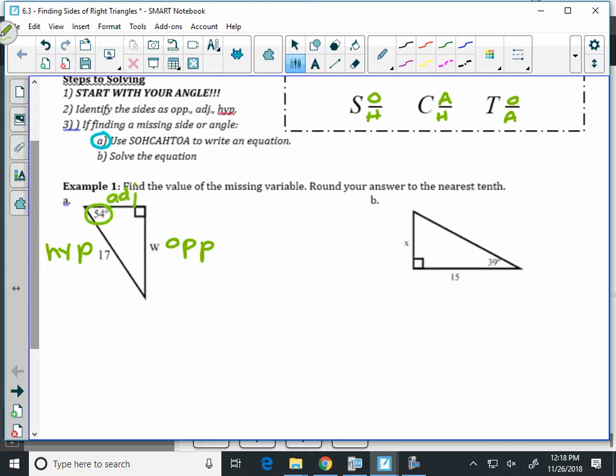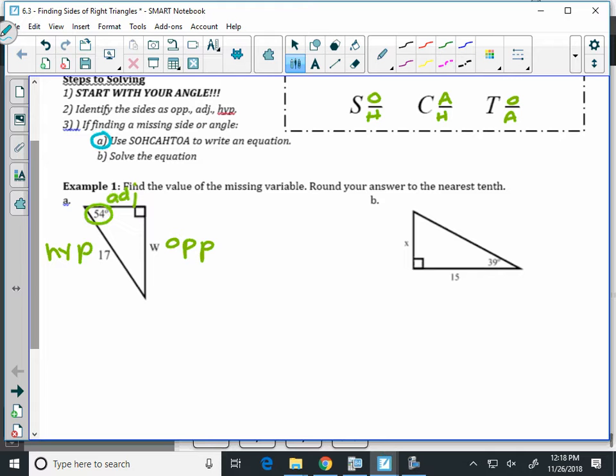What's different about this one is they don't tell you which ratio you're using. You have to figure it out based off the sides that have info. So you look at your triangle and ask yourself, well, I'm trying to find W. So I'm going to look at the side that has my variable. And which side has your number? So which side did we label that had our variable?